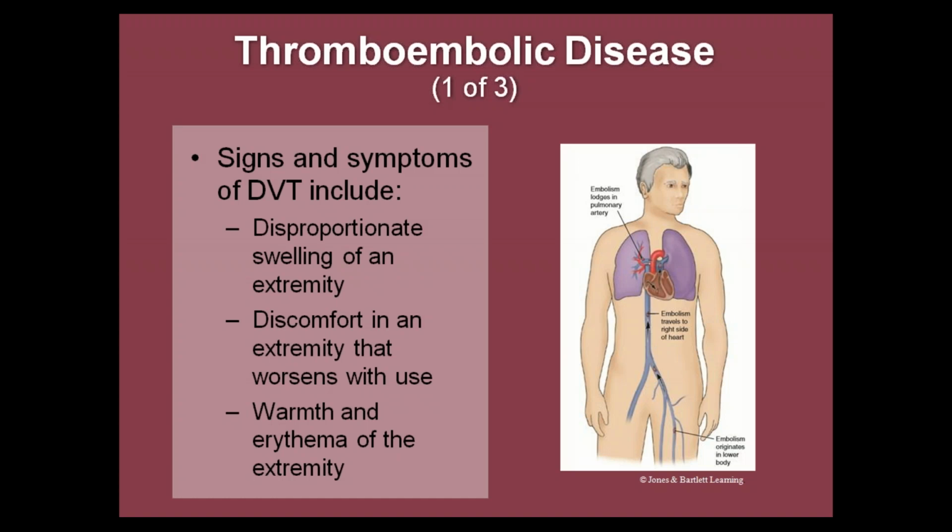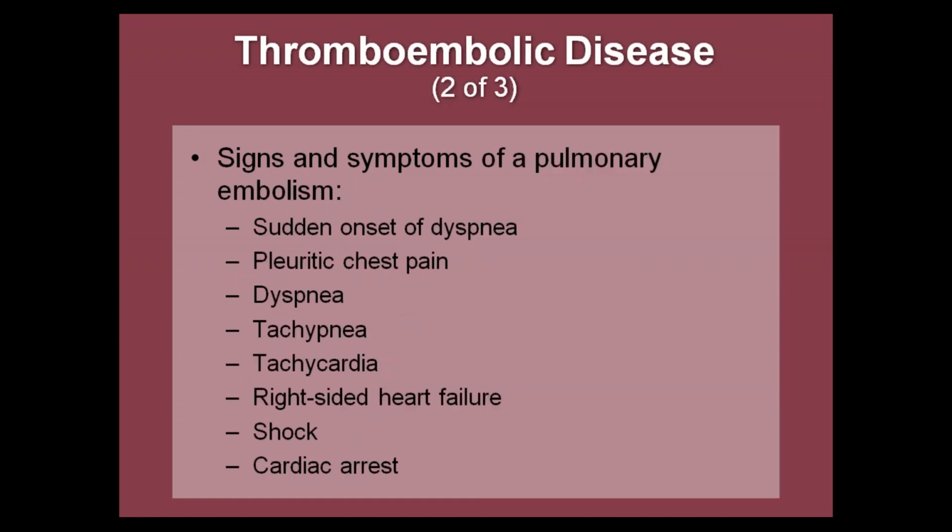This can be a very serious thing. We want to be very careful with these patients, because when a DVT dislodges, it may cause a pulmonary embolism, and it could be potentially fatal for this patient. Some of the other signs and symptoms: sudden onset of dyspnea for the PE, pleuritic chest pain, tachypnea, tachycardia, so that rapid heart, rapid breathing.